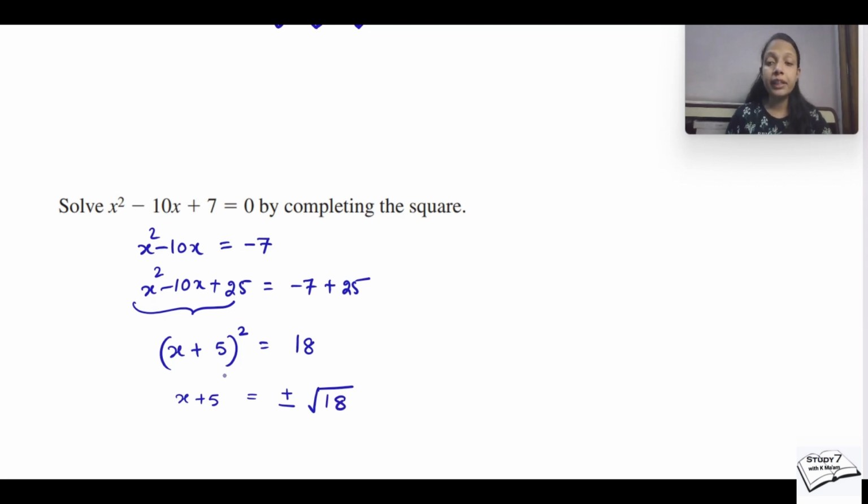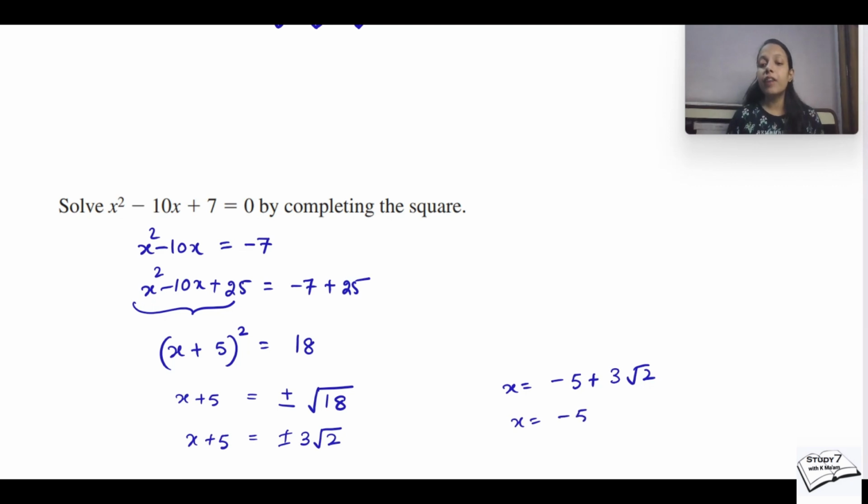Square root of 18 means 9 times 2 is 18. 9 can be written as 3 square. So it's plus minus 3 square root 2. x plus 5. So what are the two possible answers? x can be negative 5 plus 3 root 2, or x can be negative 5 minus 3 root 2.